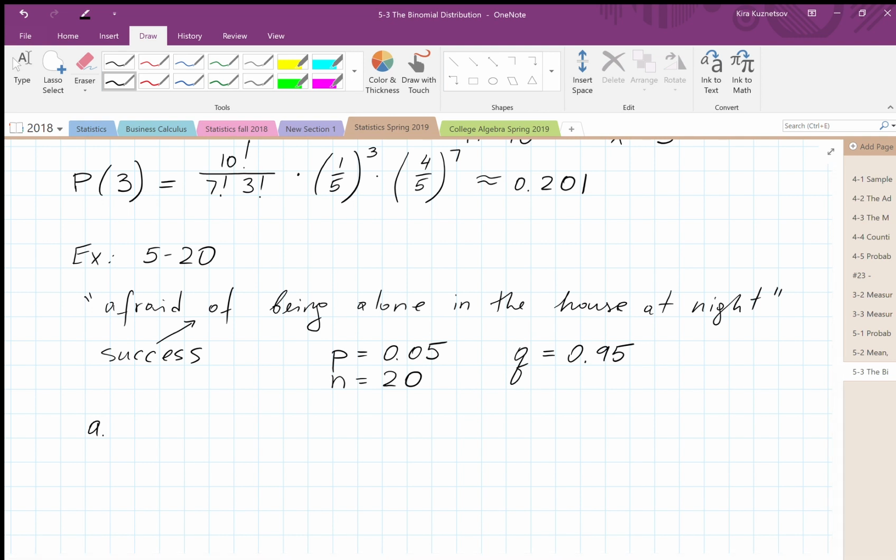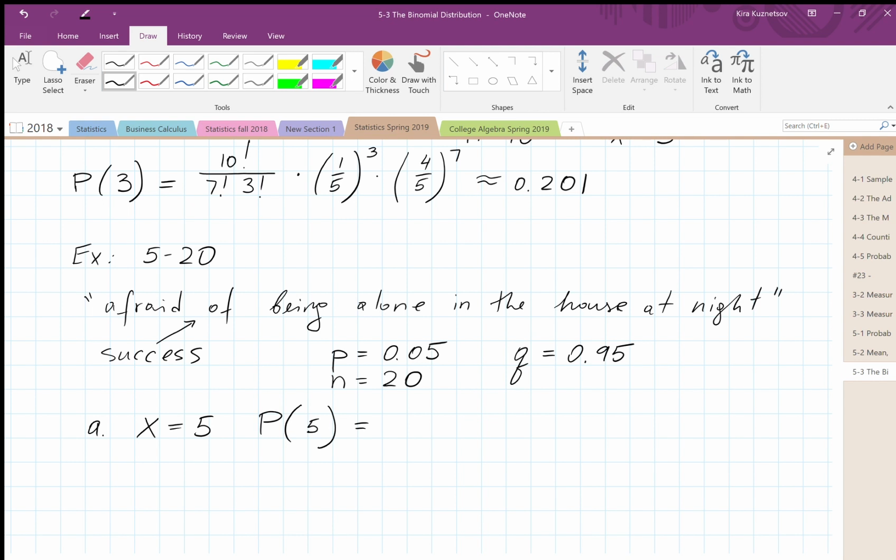So part A says find the probability that there are exactly 5 people in the sample. So they told us x is equal to 5, and they're looking for the probability of exactly 5 successes in n trials, in 20 trials. If you'd like, you can put this into a formula.